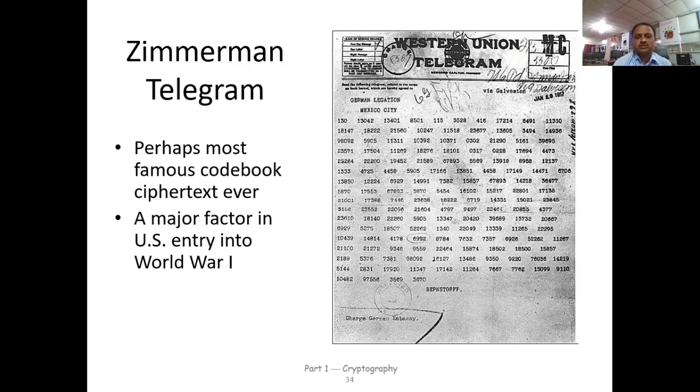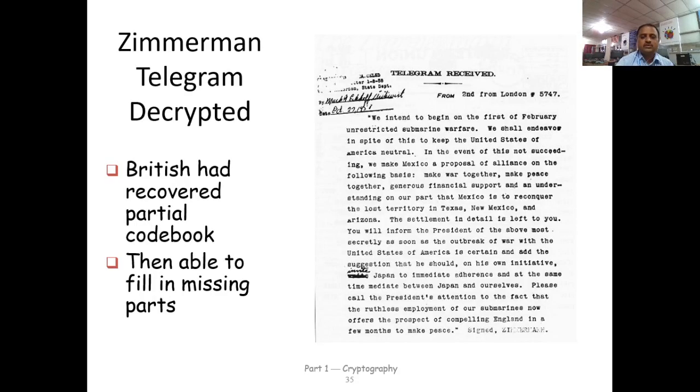This is the image of the Zimmerman telegram, perhaps the most famous codebook ciphertext ever. Here this particular codebook message was sent by a sender to the receiver. It comes with only the code numbers, and that is sent to the receiver. The receiver has to use the additive information, in which order to decrypt these code words, to get the plain text. You can see the Zimmerman telegram decrypted.